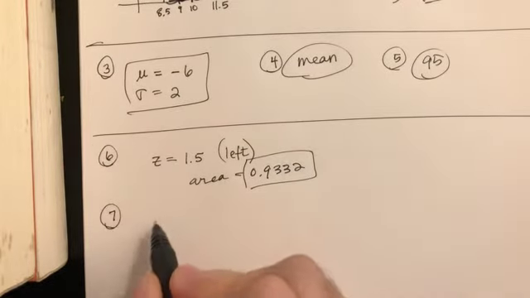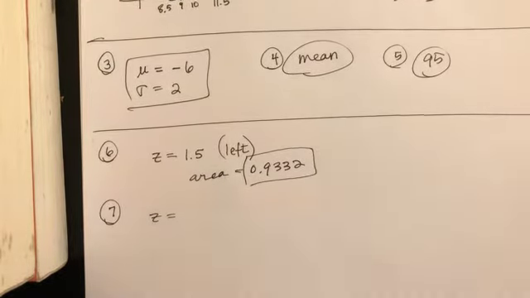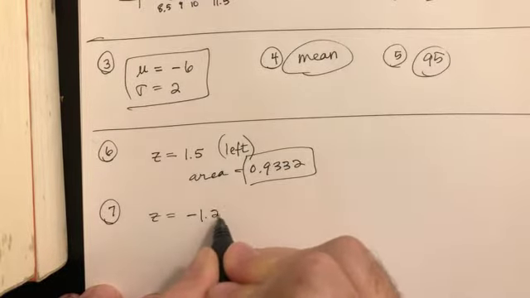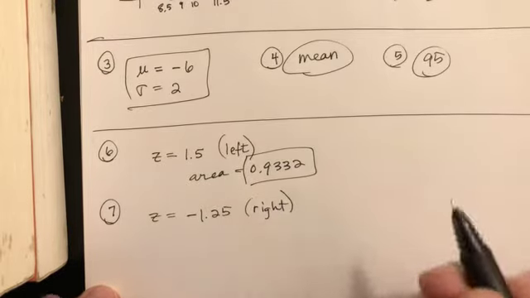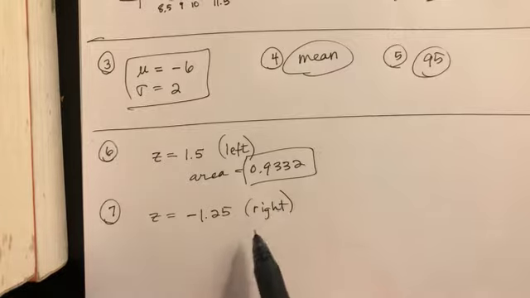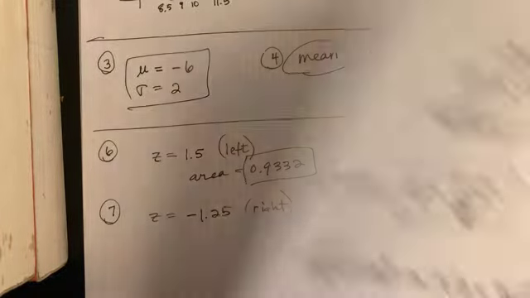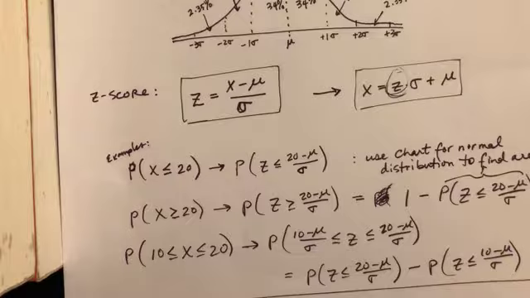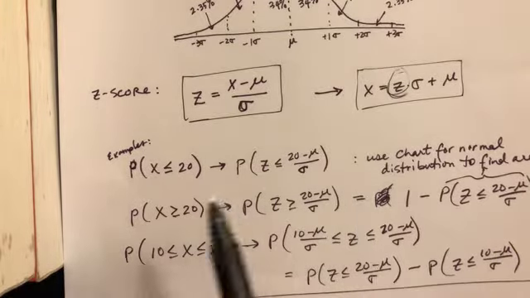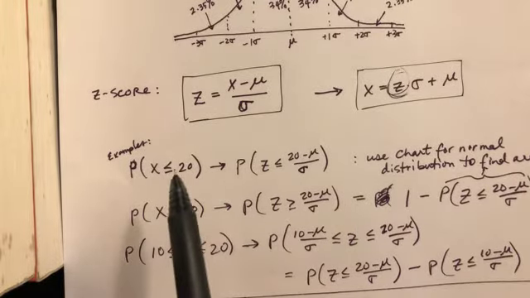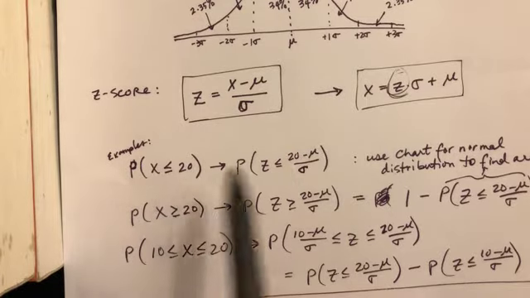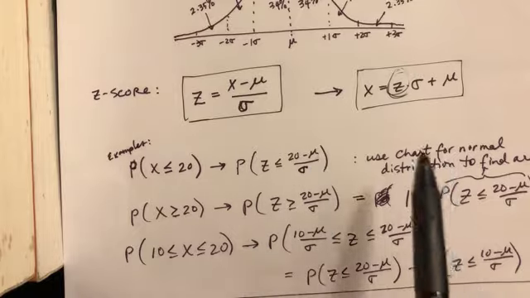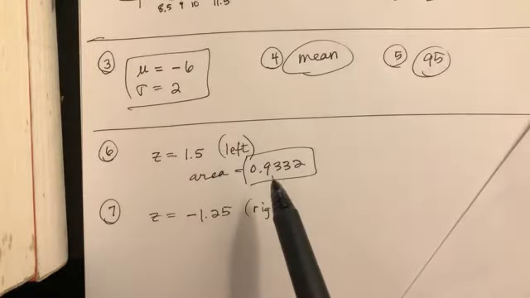Okay. Number 7, they give me the z-score is negative 1.25. And I'm going to the right. So in this case, when I'm going to the right, I tried to write this on the formula sheet in such a way that would make sense, but I don't know if it makes sense for you. So let's talk. So this is to the left. Anytime you have x less than a number or z less than whatever number, you're going to just use the chart like I just did for this one.